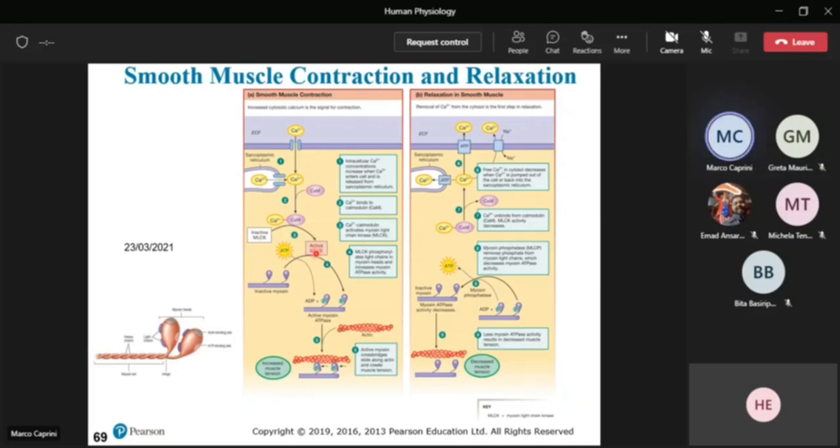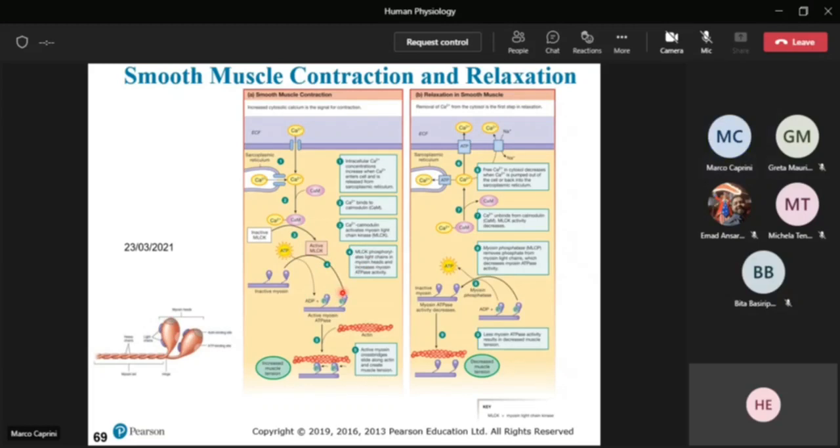The complex calcium-calmodulin activates an enzyme named myosin light chain kinase. And what is the role of the myosin light chain kinase?